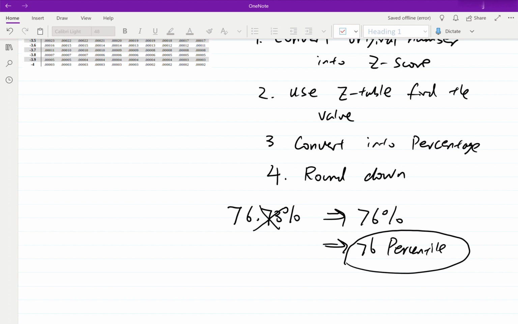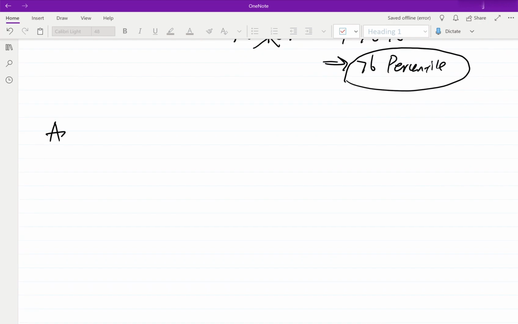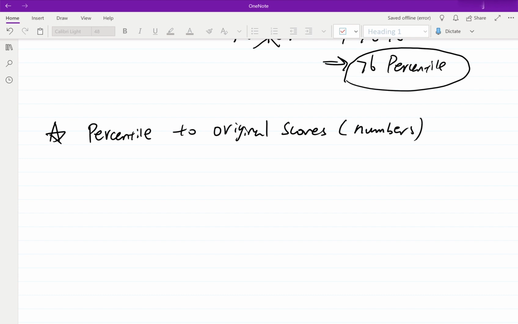Now let's do the reverse, or the opposite. Now we want to talk about using the percentile to get the original scores, or numbers. Let's say Michael's SAT score is in the 35th percentile.